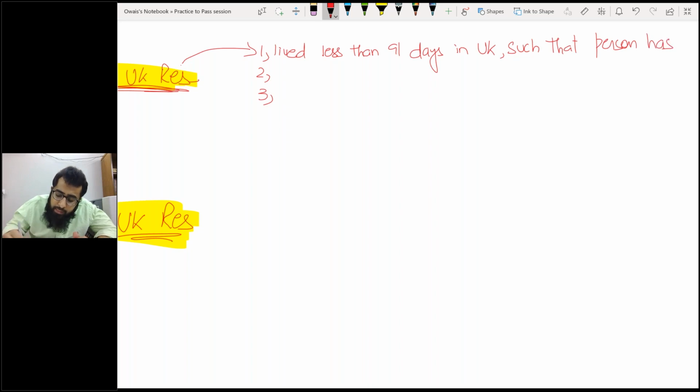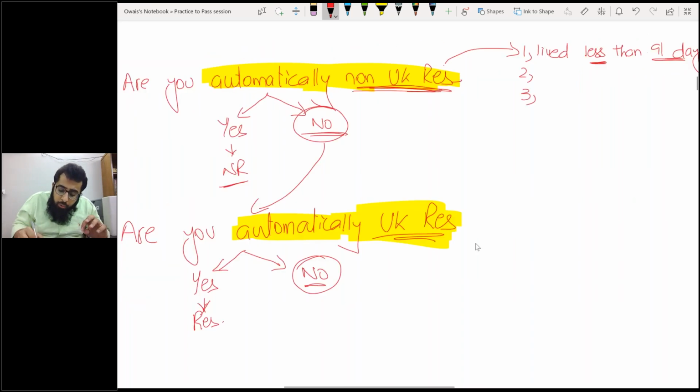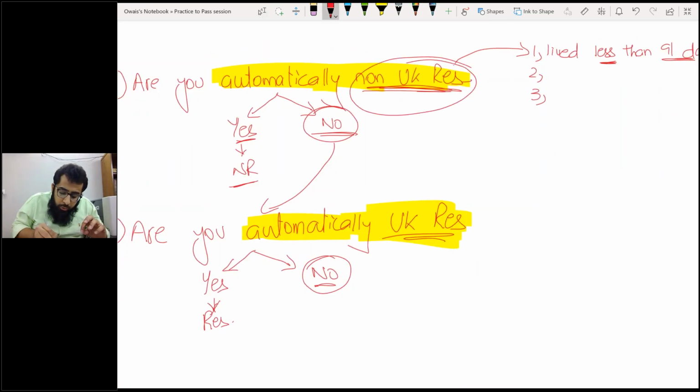For example, I'm an employed person, I work in Pakistan, I have a job. If I go to UK and I live less than 91 days, then I will be called non-UK resident.